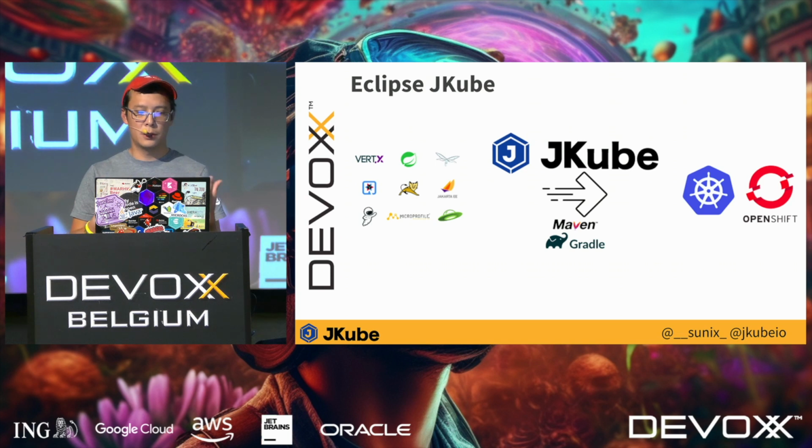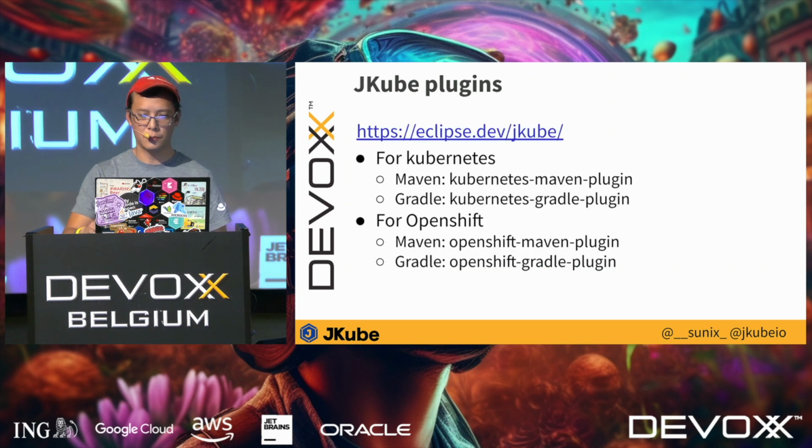And it will do it in a very smart way. It will detect the framework that you're using. It will also detect the dependencies that you have, and it will generate the right image and the right resources for you. And if you need to customize it, you can. You can just override some parts of the stuff that has been generated.